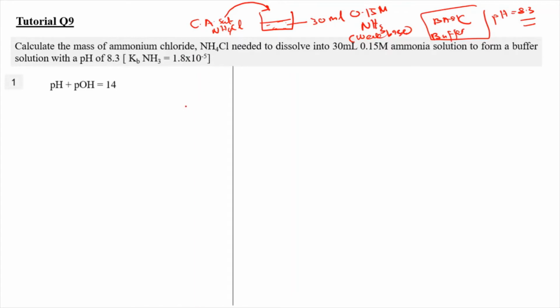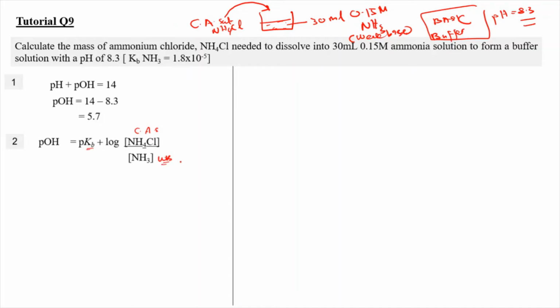So from here, we can calculate the pOH first because we are talking about the basic buffer solution. So our pOH is basically 14 minus the pH, which is 8.3. So we have our pOH to be 5.7. And from here, you can use the Henderson-Hasselbalch equation, in which the pOH is equal to pKb plus log of the conjugate acid salt divided by the weak base.